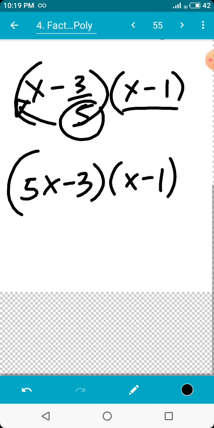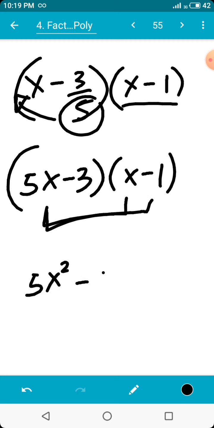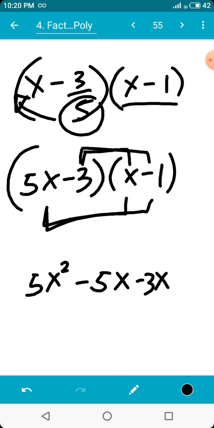So, check natin gamit yung distributive or FOIL method to get the product. So, 5x times x, so that is 5x squared. 5x times negative 1, that is negative 5x. Negative 3 times x, that is negative 3x. Negative 3 times negative 1, that is positive 3. Okay? So, combine like terms, we have negative 5x and negative 3x, that is negative 8x.